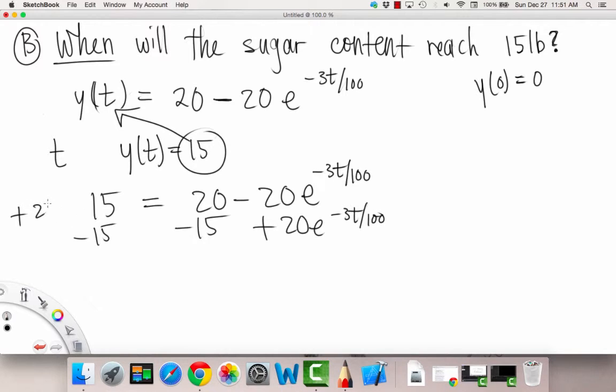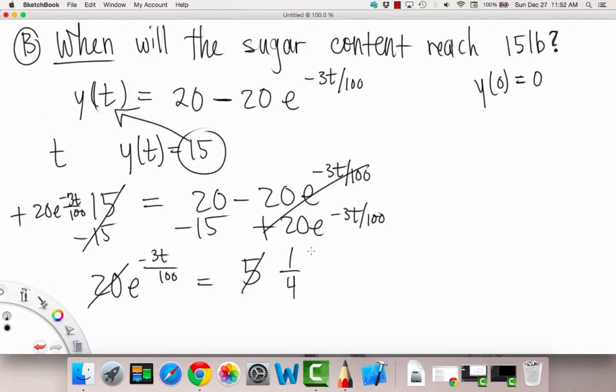Okay, so those cancel out and these cancel out, and we get 20e to the negative 3t over 100 is equal to 5. If we divide by 20 on both sides, we just get a 1 over 4 on the right side, okay? So we have e to the negative 3t over 100 is equal to 1 over 4.